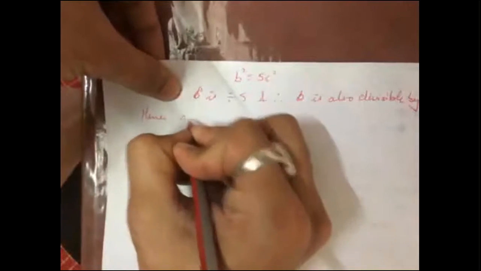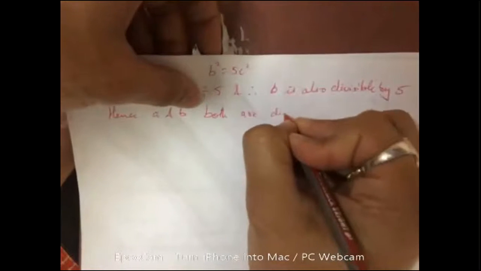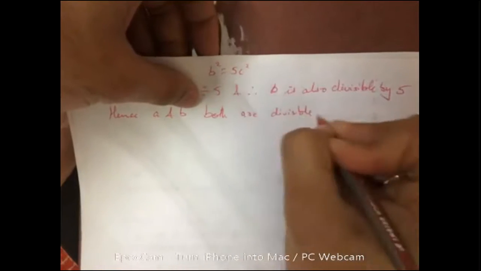Hence a and b both are divisible by 5. This contradicts our statement, which we assumed, that root 5 is a by b.